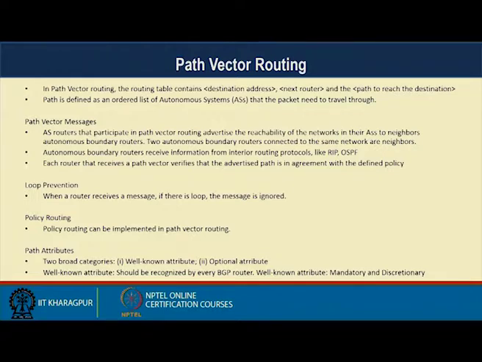Now, this path is an ordered list of autonomous systems that the packet needs to travel through. So, the path is defined as an ordered set of routers or autonomous systems that the packet needs to travel through.